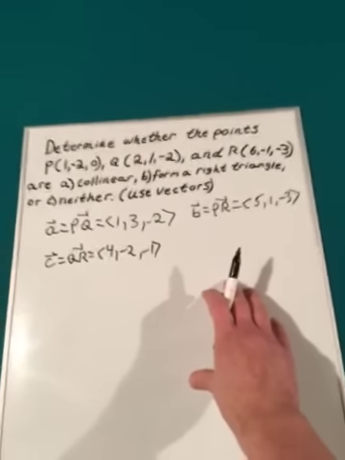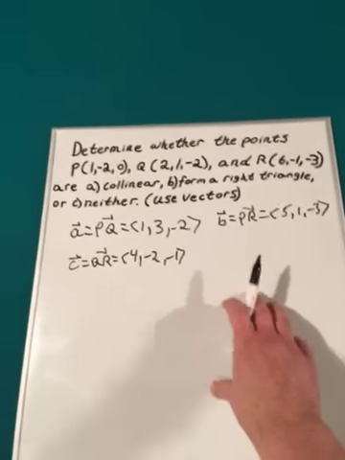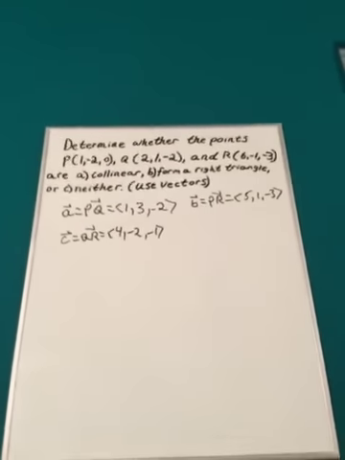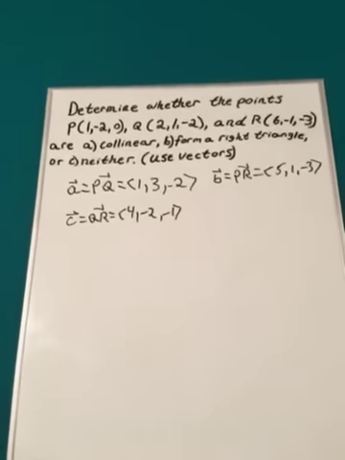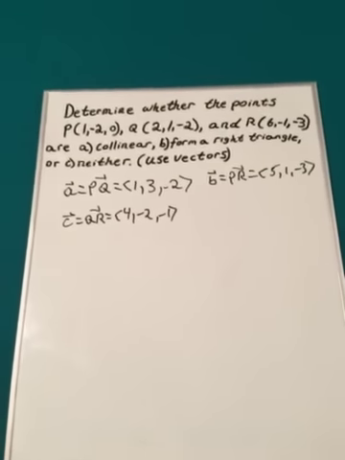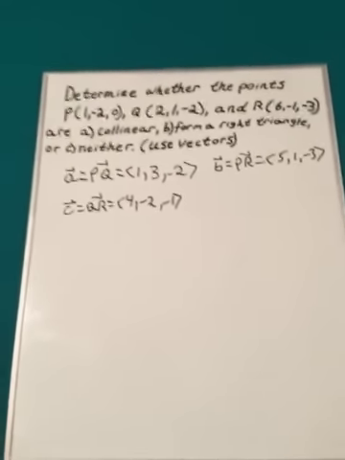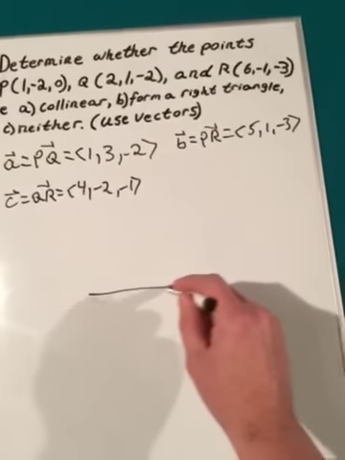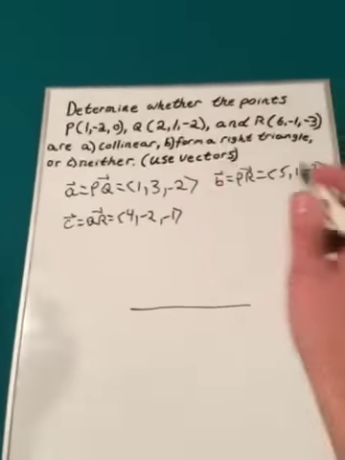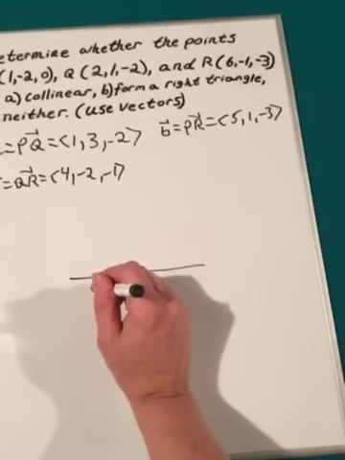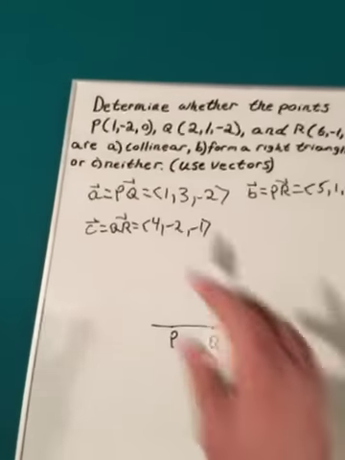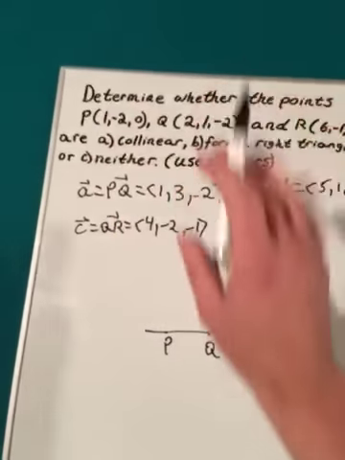So now we have these three vectors. And now the first question was, are these points collinear? Well, what does that mean? Collinear just means the points are all on the same line. They lie on the same line if they're collinear. So let's say we have some line and we have these points, P, Q, and R. So here we have P, Q, and R. Now these points are in 3D space, right?